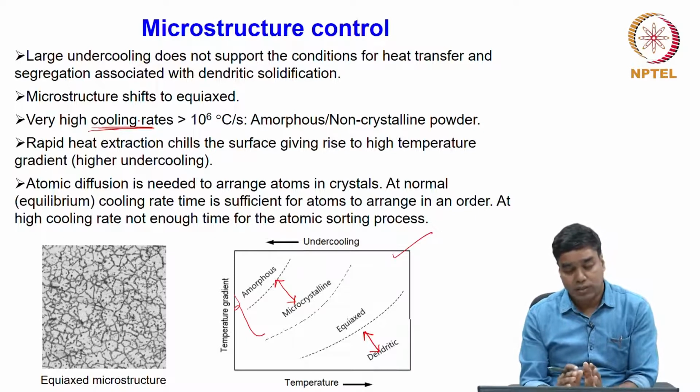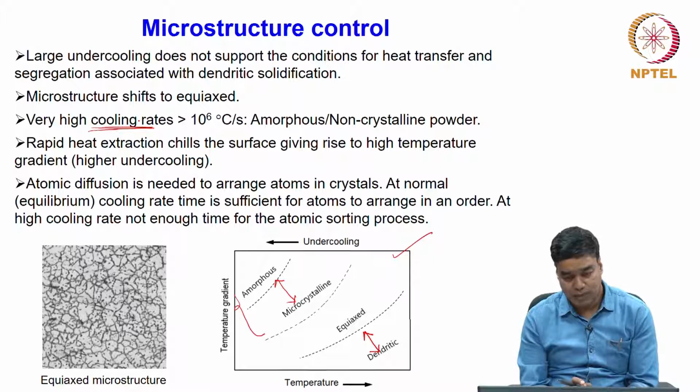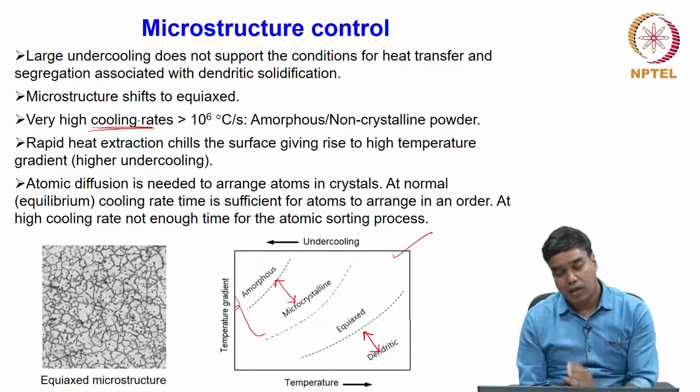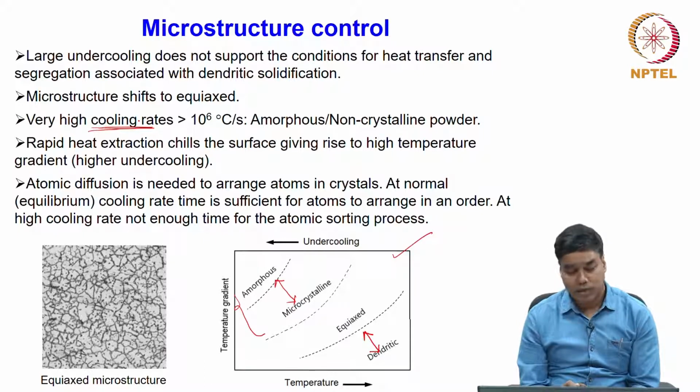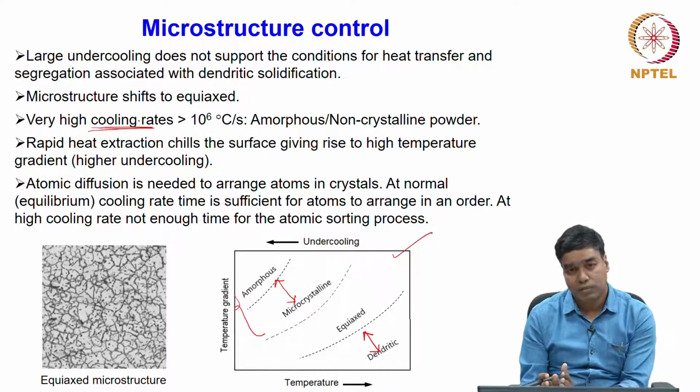Okay. So, this is something we have seen in the previous classes while discussing about nucleation and growth of the solid from the liquid phase. And as we have seen, for the solid to grow, the atoms should get attached to the solid, the atoms from the liquid should come to the solid and get attached to it, right.